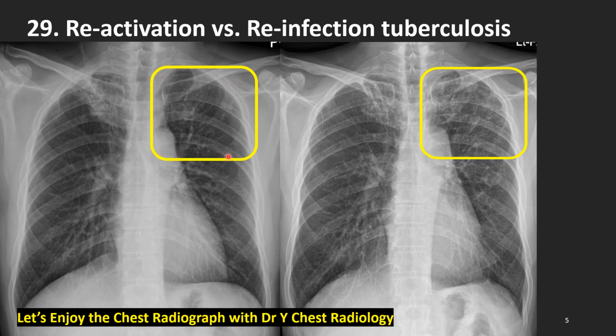This hadn't changed, but recently has changed very much. A stable TB lesion became an active lesion. We do not know whether this is reactivation or reinfection tuberculosis, but we do know that this lesion is post-primary tuberculosis, an active lesion.